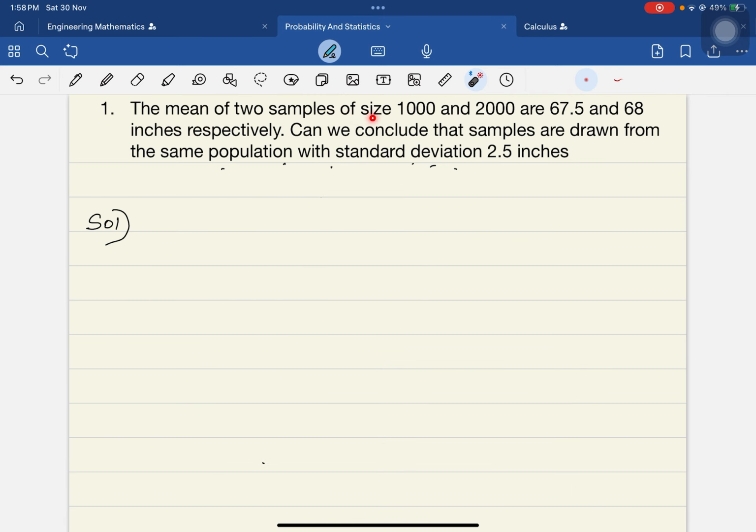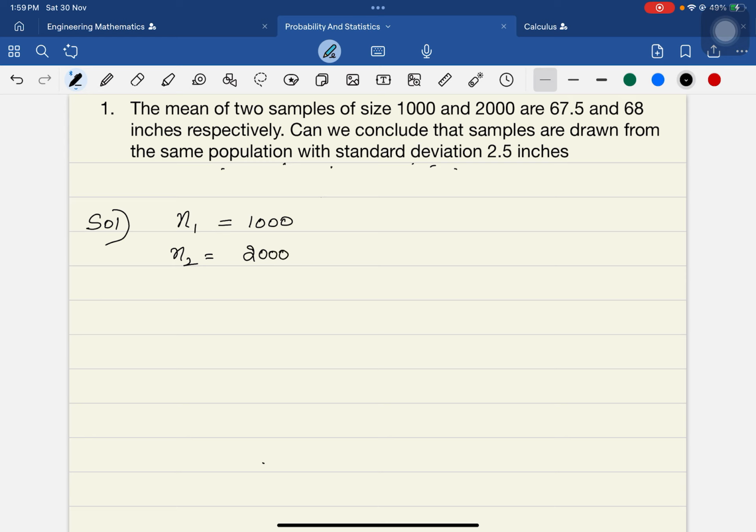The means of two samples of size 1000 and 2000 are given as 67.5 and 68 inches respectively. See, the sample size is large. There are two large samples, so it is very clear that the first sample size n1 is equal to 1000 and n2 is equal to 2000.